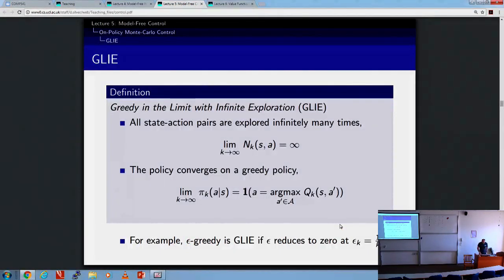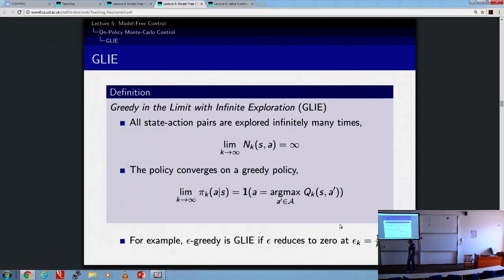In order for this thing to converge, there's a theorem, the GLIE concept, greedy in the limit with infinite exploration, which basically says if you actually explore all state action pairs infinitely many times as the number of episodes goes to infinity, then the policy will converge on a greedy policy.